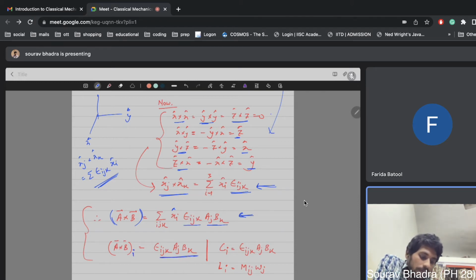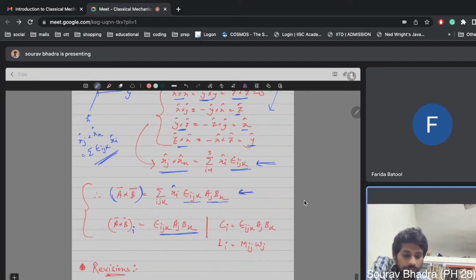The summation over i is not there, because I am just focusing on the ith component, so there will be no sum over i. If I want the whole cross product, then i will be 1, 2 and 3, because other components are also there. So the ith component of a cross product can be written as epsilon ijk aj bk, and as A cross B is a vector, I can write it as C also, right.